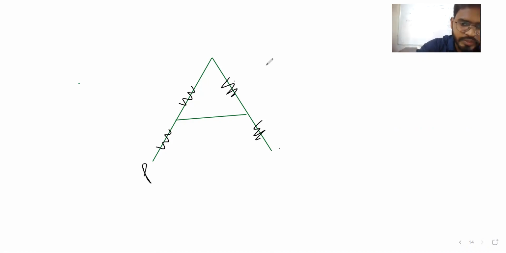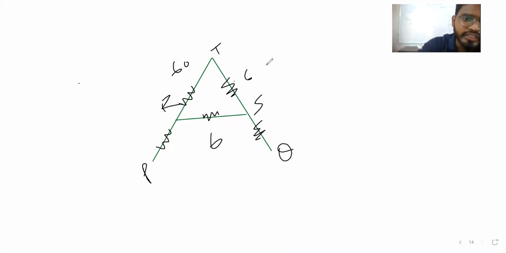This point is P, this point is Q, this point is T, and this is R, this is S. The resistances are 6, 6, 6, 6 ohm, and 3 ohm, 3 ohm, right?